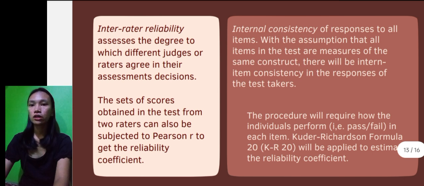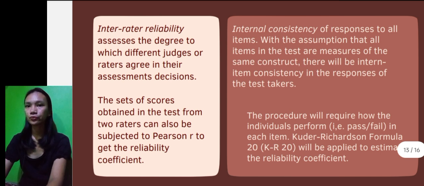When two raters assess the same set of items, Pearson's r can be applied to calculate the reliability coefficient, which evaluates the level of agreement or consistency between their scores.